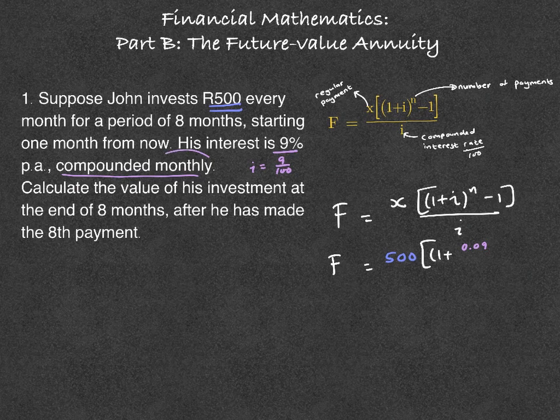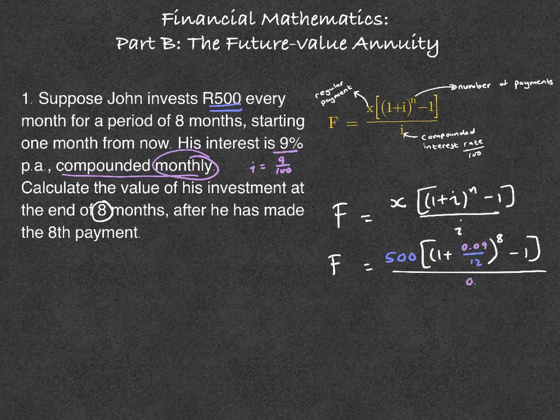It is compounded monthly. So what are you going to do? How many months are there in a year? There are 12 months in a year, right? And then how many months are there in total? There are 8 months. So that is to the power of 8, minus 1.